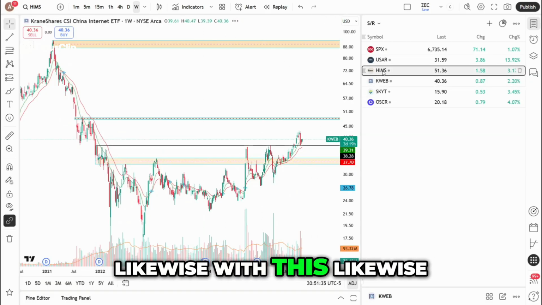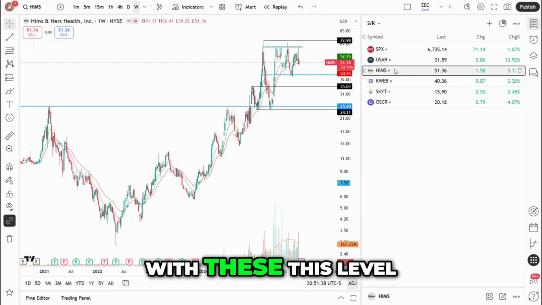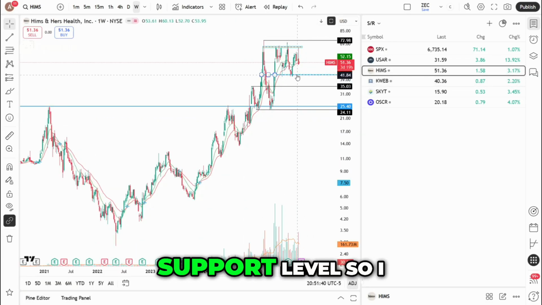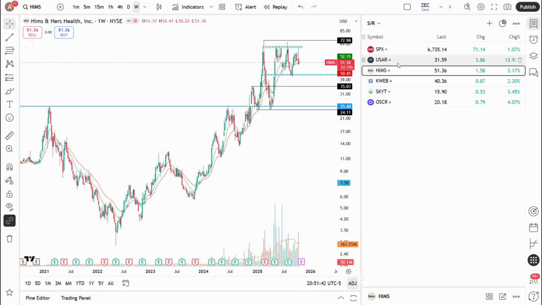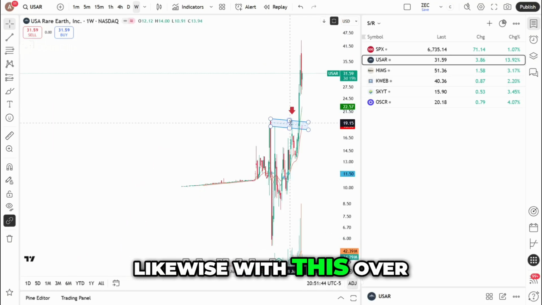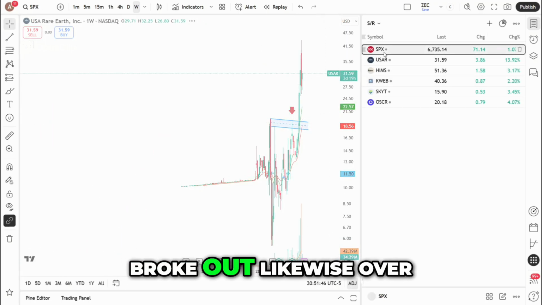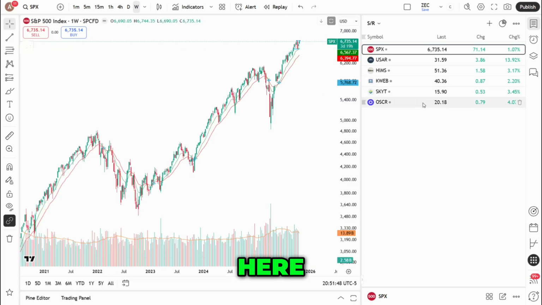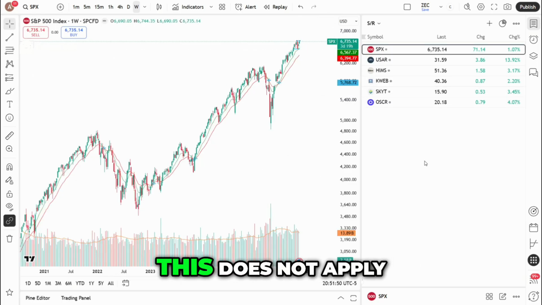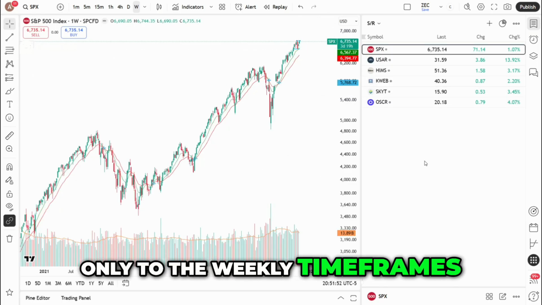Likewise with this, likewise with these. This level over here is a support level, so I mark it out, right? Likewise with this over here until it finally broke out. Likewise over here.